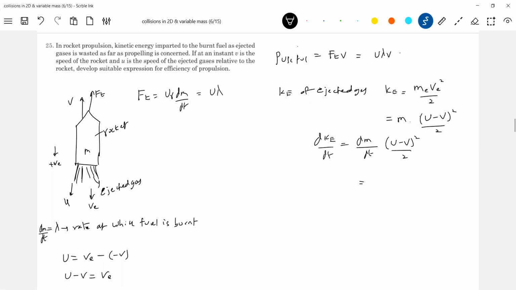I'll retain symbols here. Let it be here, mass of ejected gas. So this should be equal to lambda U minus V whole square by 2. Fine. Now what is this dKE by dt?